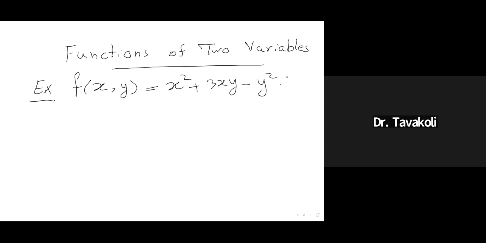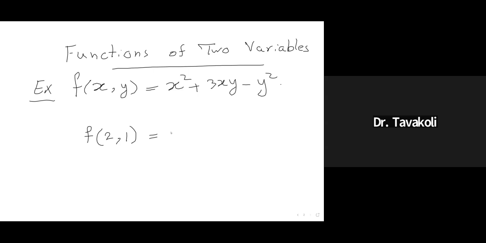So this is an example of a function of two variables. Of course, any expression, roughly speaking, any expression containing x and y will be a function of two variables. So, of course, I can evaluate this at any point. For example, f of 2 and 1, meaning that if x is 2 and y is 1, we get a value.